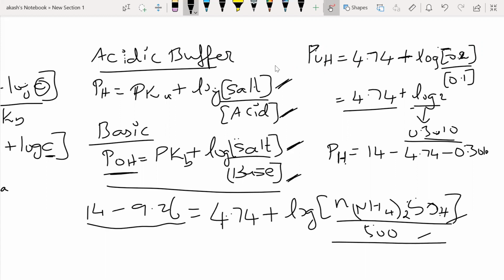Now divided by the concentration of the base. The concentration of the base is given to be 0.2 M. NH4OH concentration is 0.2 M. That's it. So what you need is the number of moles of ammonium sulfate. Everything else is given to us. Actually, we can put 1,000 also because the volume is in ml, so you multiply by 1,000. That you can also do. Okay, so again a simple formula substitution.